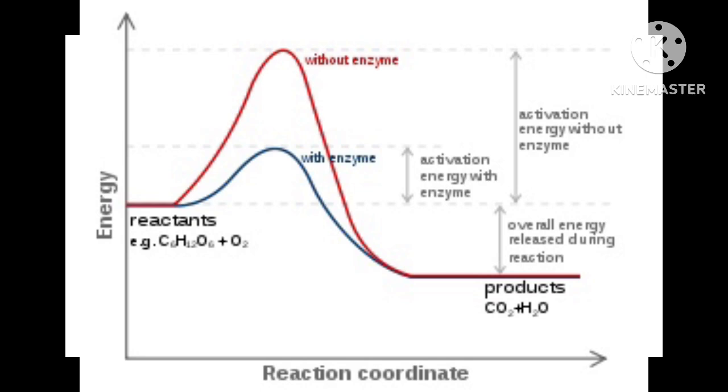With the amount of enzyme exceeding the amount of substrate, the reaction rate steadily increases as more substrate is added. In other words, increasing the substrate concentration will also increase the rate of reaction to a certain point.